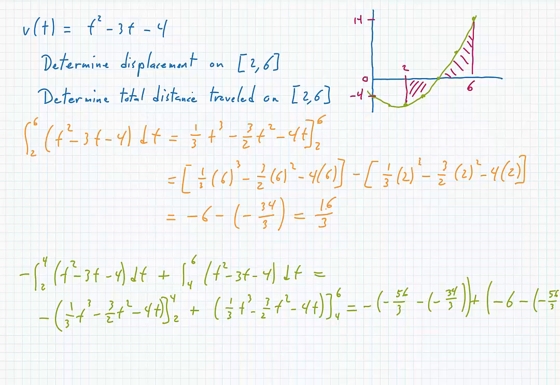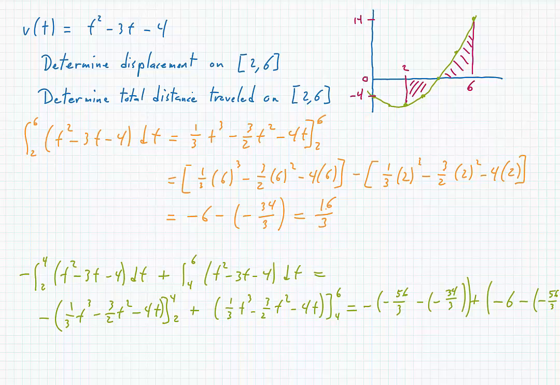So let's see what this gives us. We're going to get the opposite of, in parentheses, negative 56/3, which I'm going to write as plus 34/3. That would obviously come out negative originally, and that's what we expect, but we're going to take the opposite out front of what we have inside the big parentheses, so that's going to end up being positive.